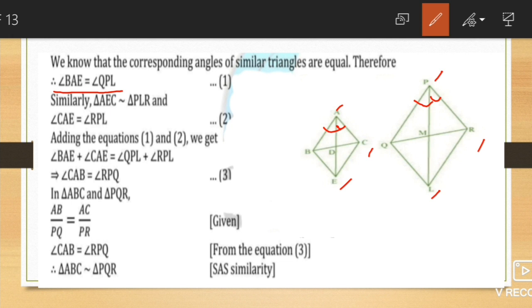Now this is equation number 1, this is equation number 2. If I add equation 1 with equation 2, I get BAE plus CAE is equal to QPL plus RPL.